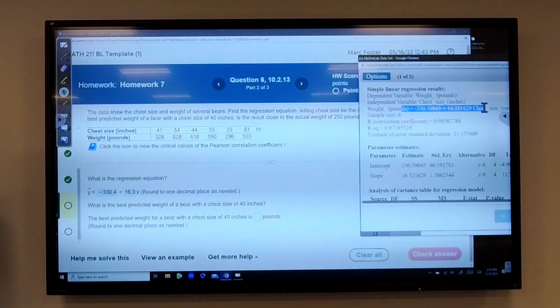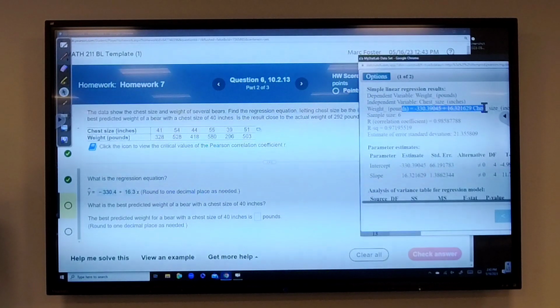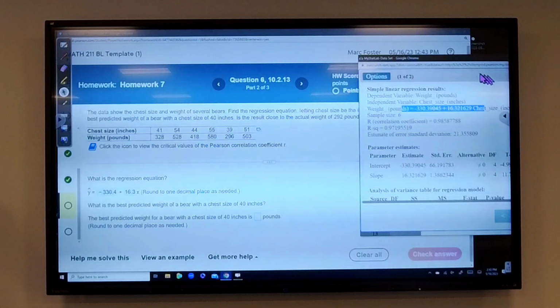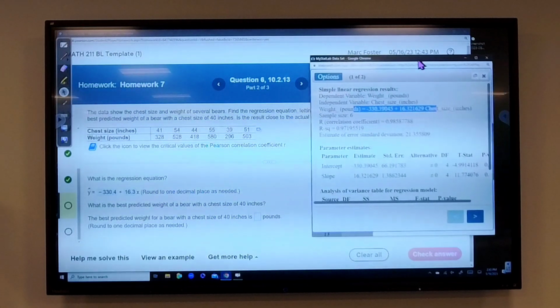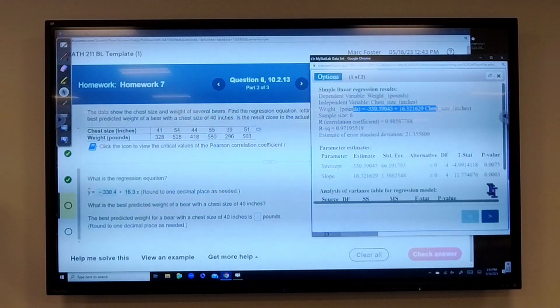And then they ask me, what is the best predicted weight? I don't know. I need to use my p-value to determine if I should use that line.